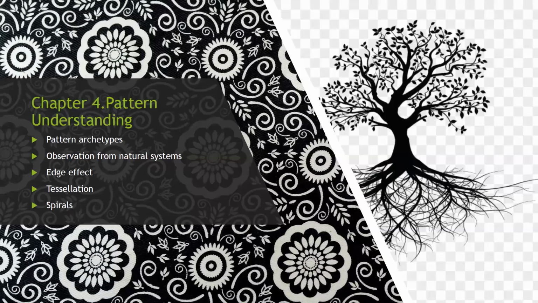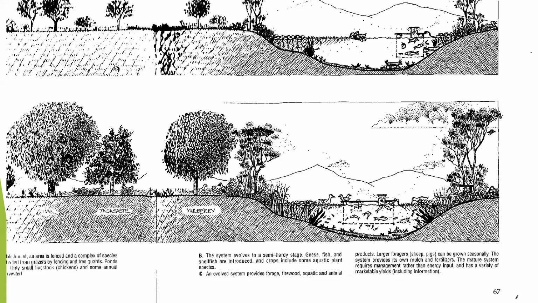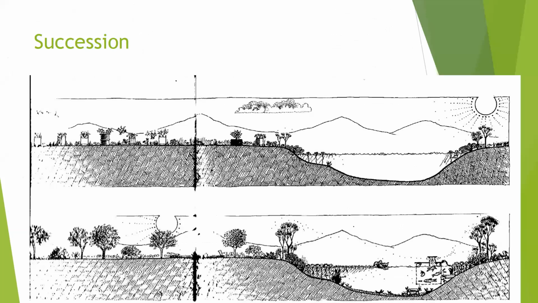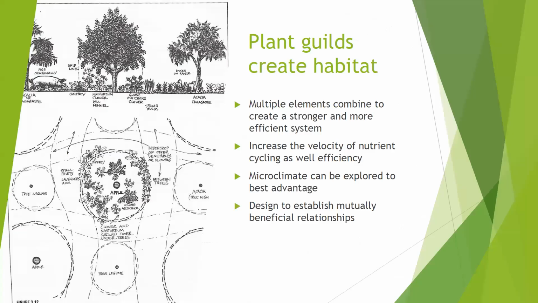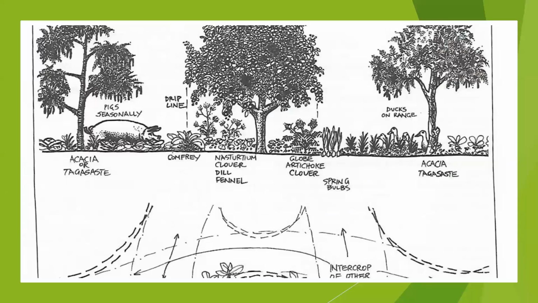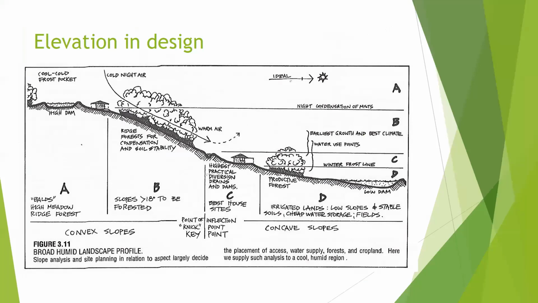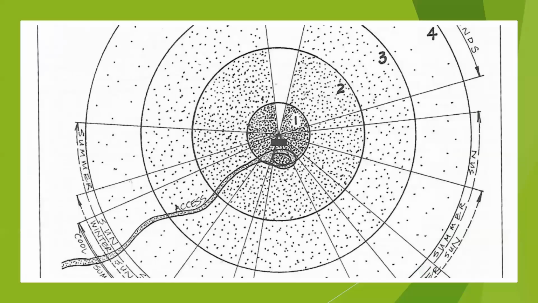Our strategies are, we're using our observation of nature, understanding processes like succession to catch and store energy, and as we move into next week, to build designs that help create yields that meet our needs. Seeing patterns so that we can catch and store energy and build yields, to see where we might invest our energy, where we might make interventions, where we might put scarce resources so that we can create the maximum effect.